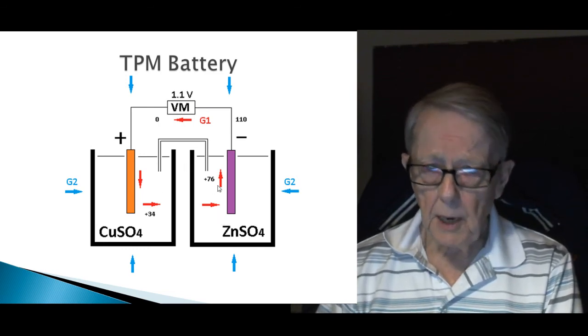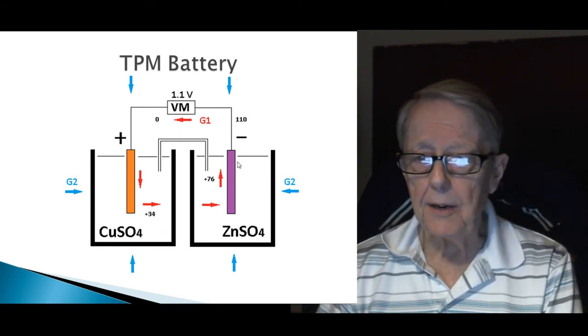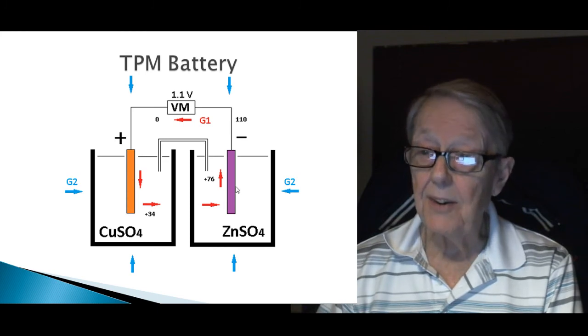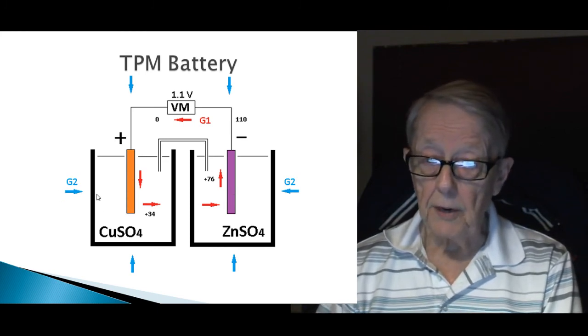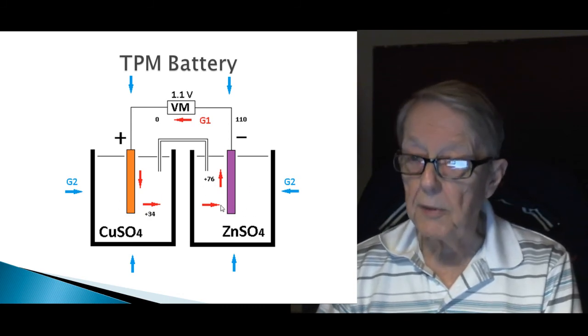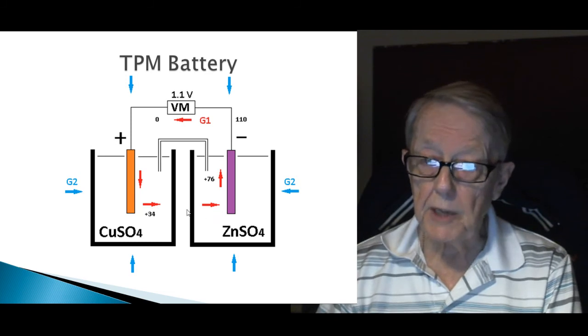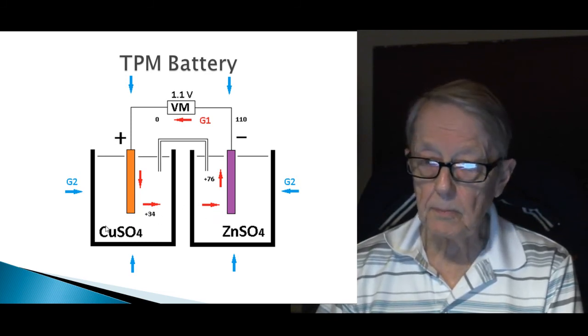Well, if this is copper and that's copper, the G1 particle density here and the G1 particle density here is the same. And therefore, there is no net force to the right pushing them this way. There's no way to establish that flow. They don't know which way to go.